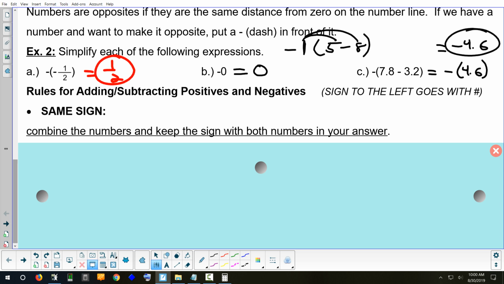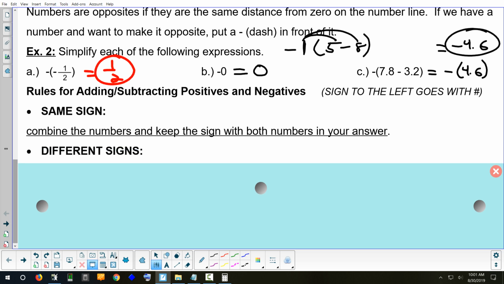We'll do an example in a little bit. An example of that might be 3 plus 6, a positive and a positive, or negative 2 plus negative 5. That's same sign, a negative plus a negative.